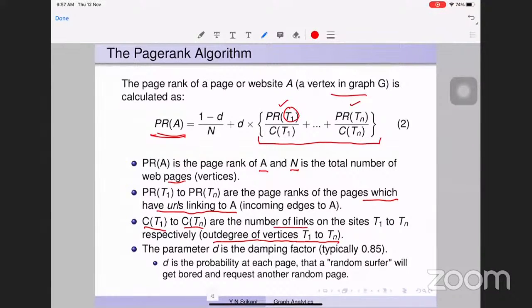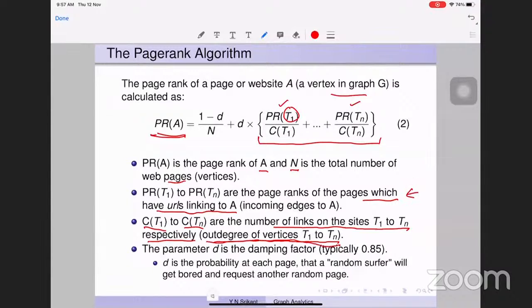They represent the number of links on the sites T1 to Tn respectively. So there may be a lot of links, but all of them may not go to A. Some of them will go to A, some will not. We are now considering only the out degree of vertices, all of them together. We are not bothered about whether they go to A or some other node. The reason is we want to find out a fraction of those that will go to A. That's already captured in this.